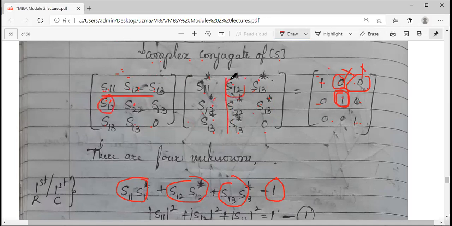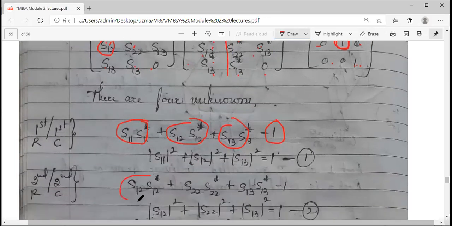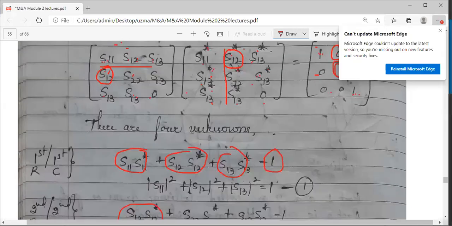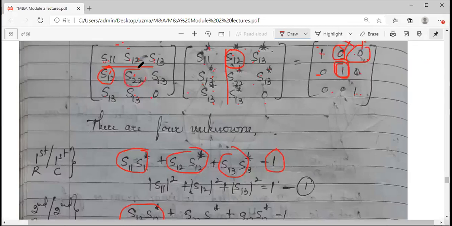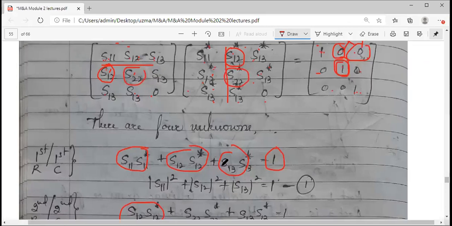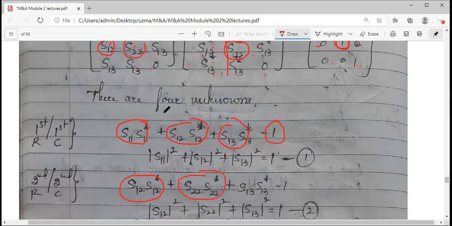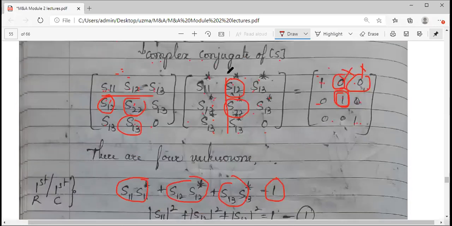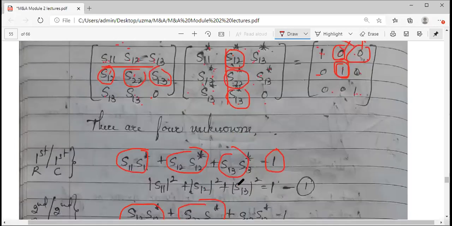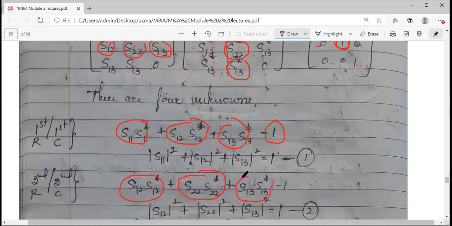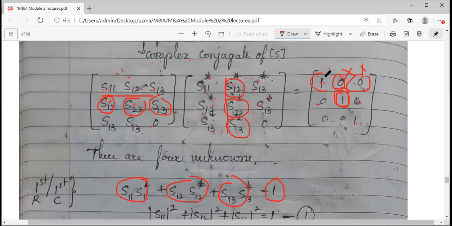S12 S12 star, plus S22 S22 star, plus S13, sorry, not this, it is S13 here. S13 and S13 star is equal to 1. So I have written two equations. One is for this one, the other one is for this one.